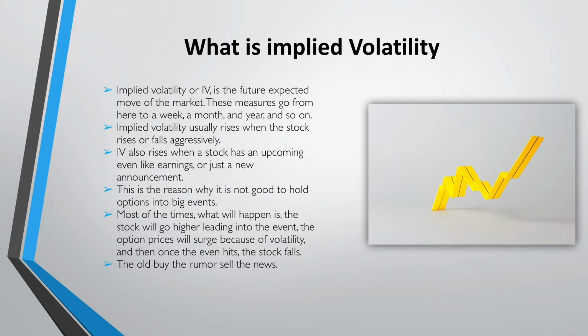Now, if you were already in that option, that's great. But sometimes it's just not a good idea to get into an option whose implied volatility is getting pumped and pumped because more people are demanding it. What usually happens in these situations is that when the event does come out, the stock has risen so much that the stock actually drops, and that is the old buy the rumor, sell the news type of thing.